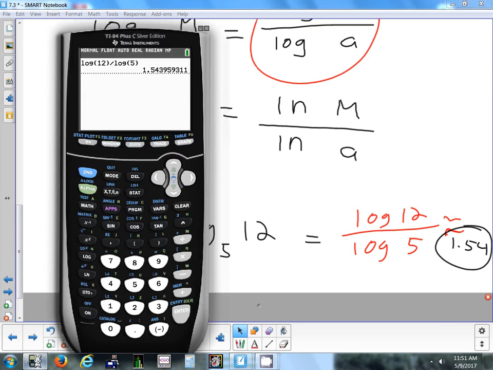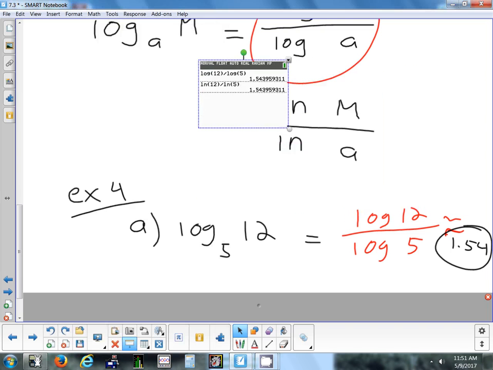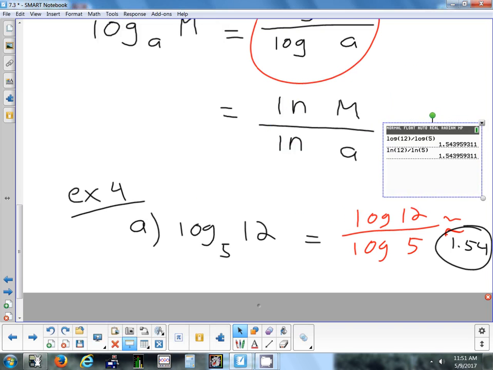I'm just going to show you that if you did it with ln's, it would come out exactly the same. Doesn't matter which way you do it. Okay, any questions on that?